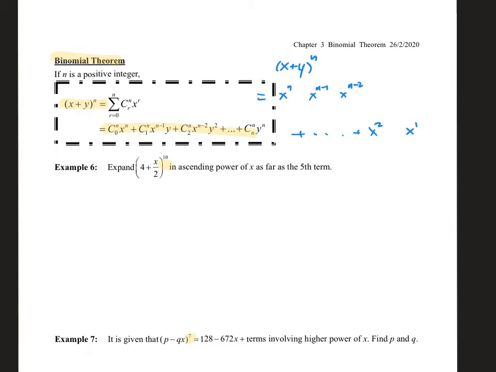Conversely, you write power of y from 0 to power n. So that's why you have no y, y, y squared, plus until y to the power n minus 2, y to the power n minus 1, and also y to the power n.